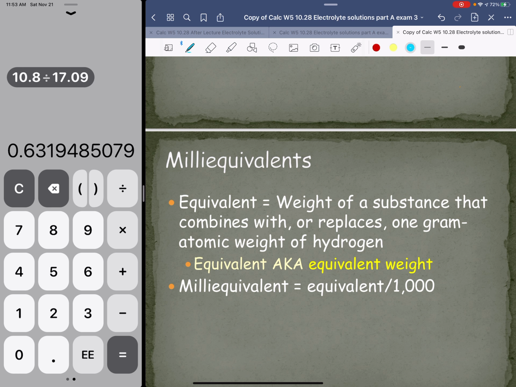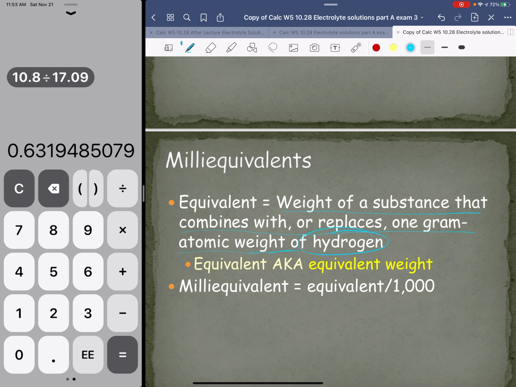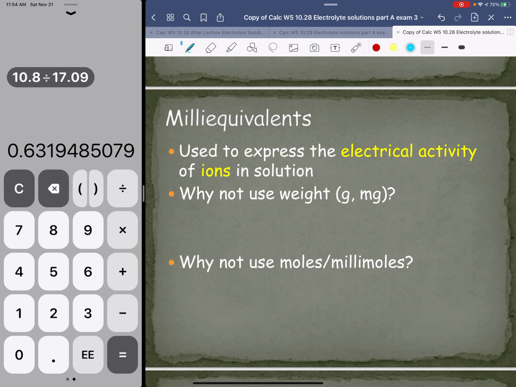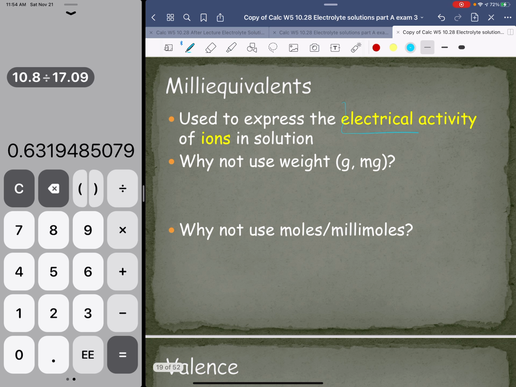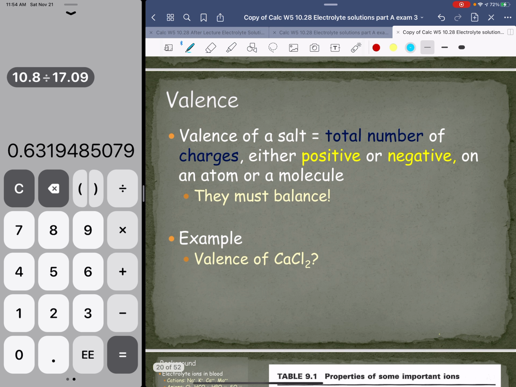Okay, so a quick definition, if you will. The milliequivalent is the weight of a substance that combines with or replaces 1 gram atomic weight of hydrogen. Okay, so to me, that still doesn't solve it for me. But I then turned the page and I realized that we're talking about electrical activity of the ions in solution, and specifically looking at the valence.